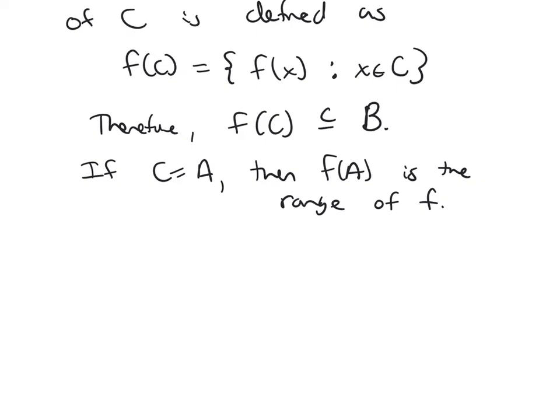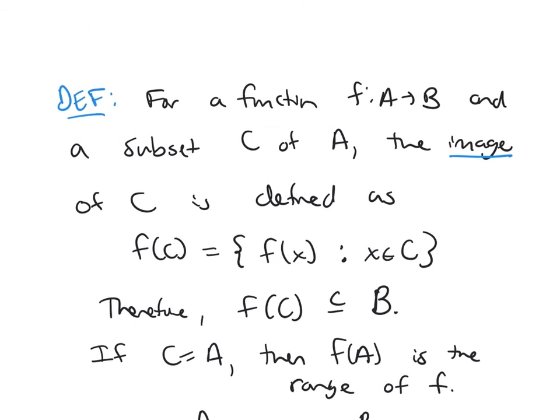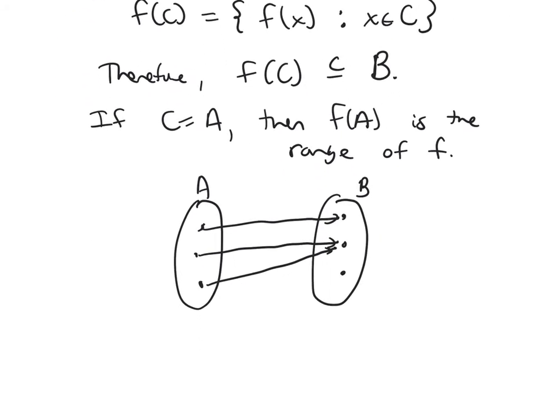So in terms of visualizing your function, remember, here's your domain A, here's your codomain B. Remember, you have arrows that are matching up elements here. So maybe my function does something like this. And so what you're doing here is taking a subset of A. For example, maybe I'm taking C to be just these first two elements here.